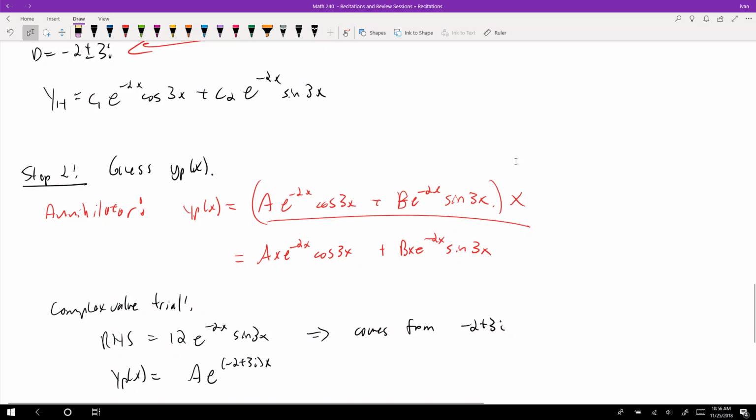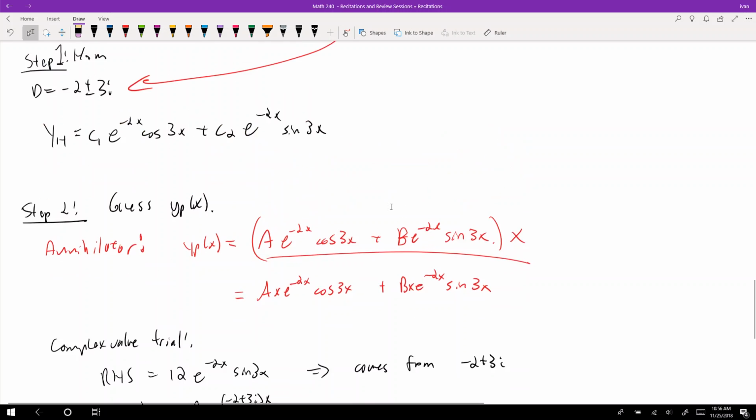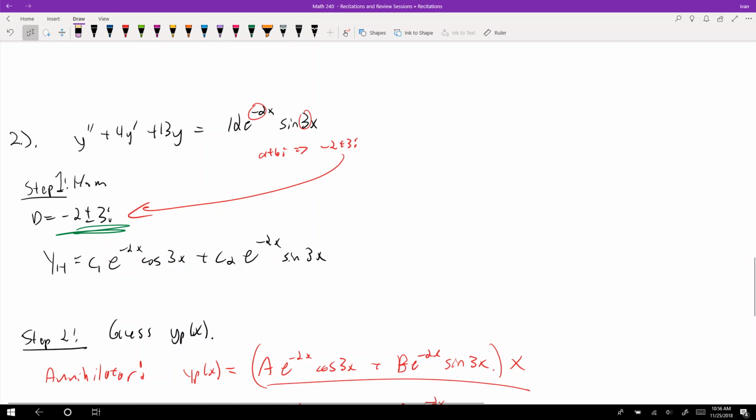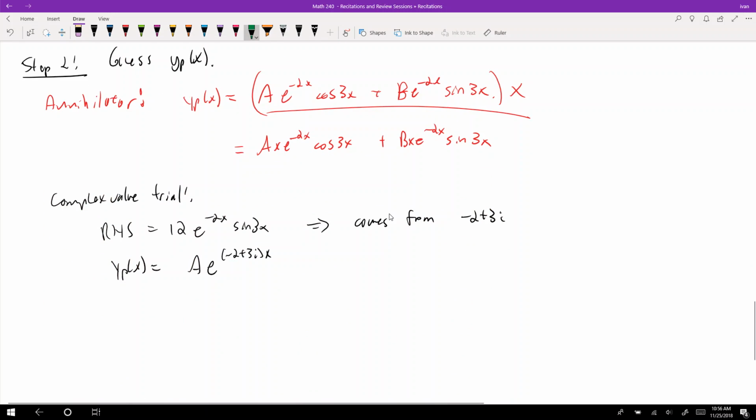But that doesn't really work, again, because negative 2 plus 3i is inside the homogeneous with multiplicity 1; it occurs once. So then we have to multiply by x.